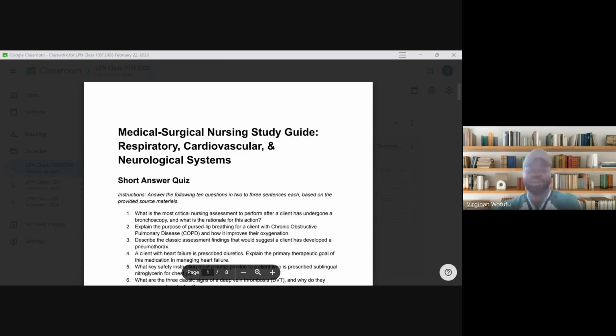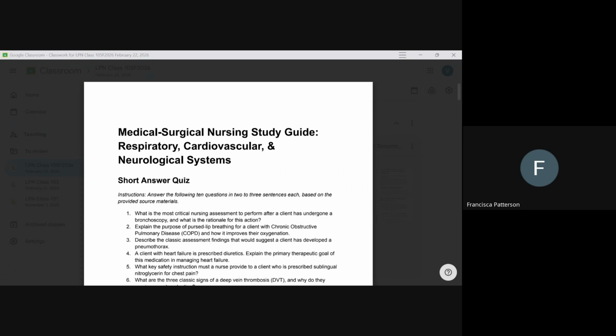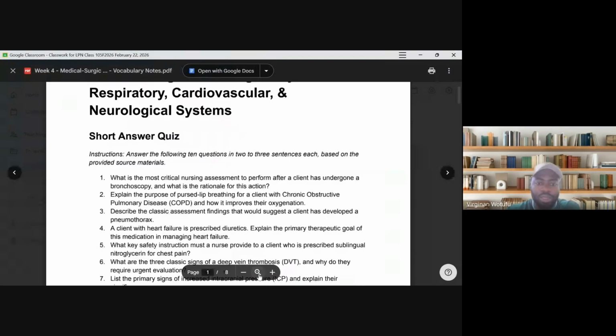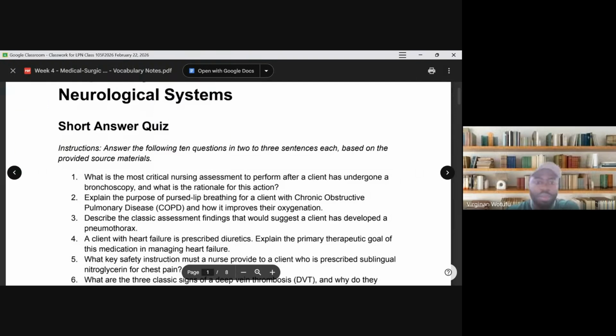Question 4 states: a client with heart failure is prescribed diuretics. Explain the primary therapeutic goal of this medication in managing heart failure. Sir, please come again with the question. The question reads: a client with heart failure is prescribed diuretics. Explain the primary therapeutic goal of this medication in managing heart failure. Okay.